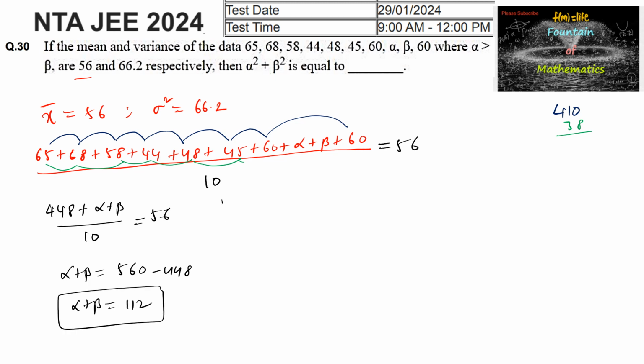And now the variance is given, that is the sum of the square of the deviations.